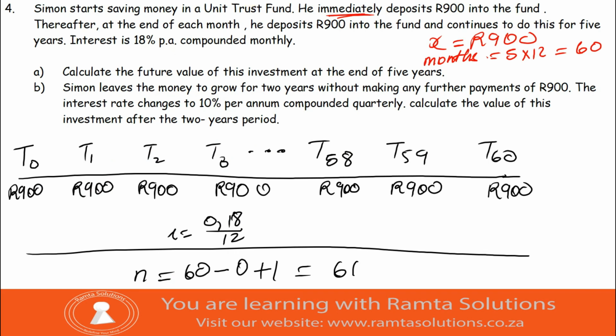Now, Simon leaves the money to grow for 2 years without making any further payments of 900 rands. The interest rate changes to 10% per annum compounded quarterly. Calculate the value of this investment after the 2-year period. This is basically your grade 11 timelines, but because there is really no change, this is the future value now growing at 10% per annum compounded quarterly.